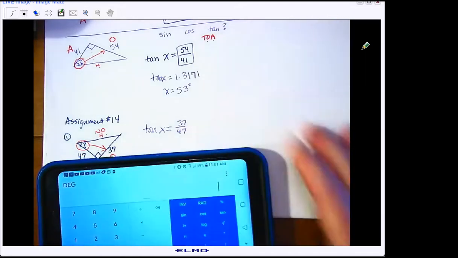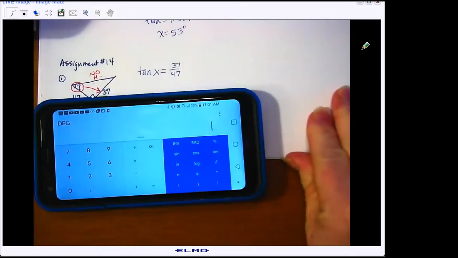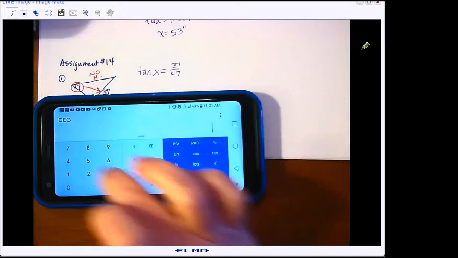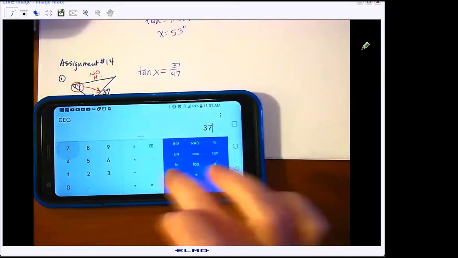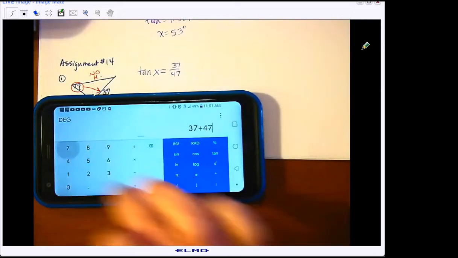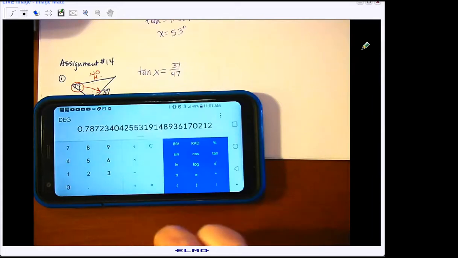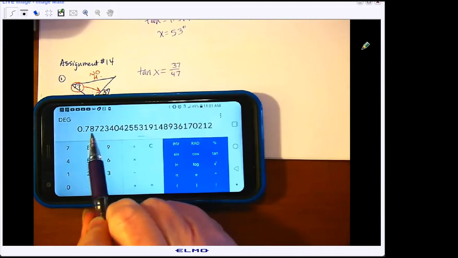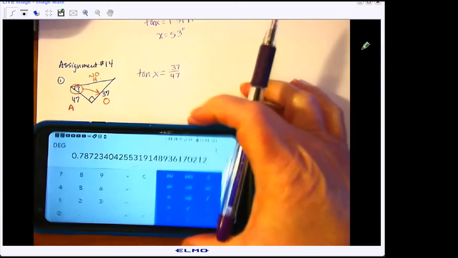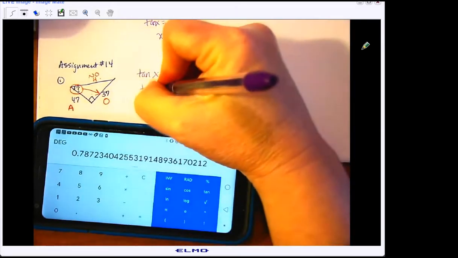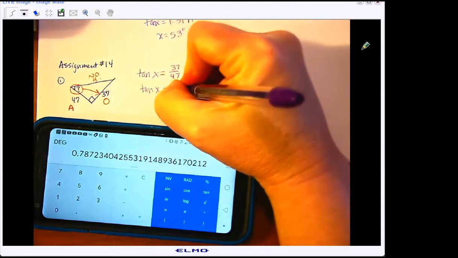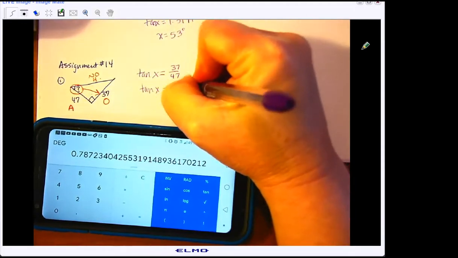So if I was going to do this on my phone, I would go 37 divided by 47, and I would hit equals. So I would get 0.7872. So the tangent of x is equal to 0.7872.